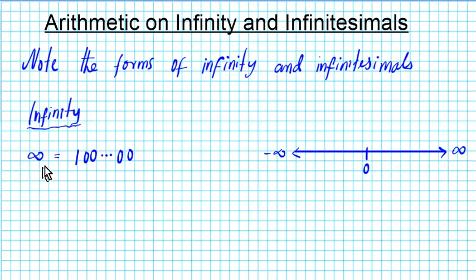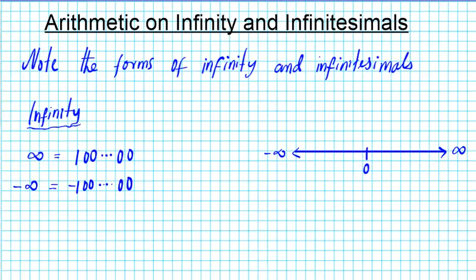So think about infinity as 1 with an infinite number of zeros. Okay? So this basically is the biggest possible number that exists in the world. And then negative infinity is the opposite of that. Negative 1, 0, 0 with an infinite number of zeros, 0, 0. Okay? Now this is infinity.